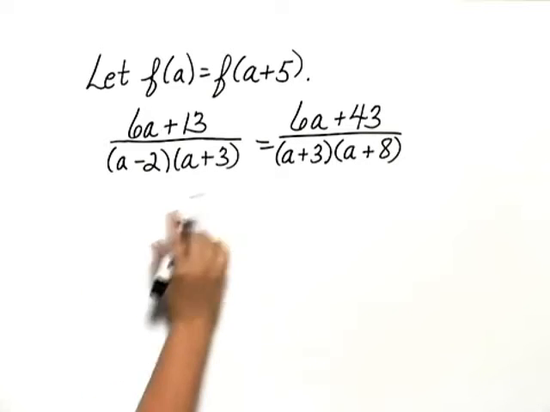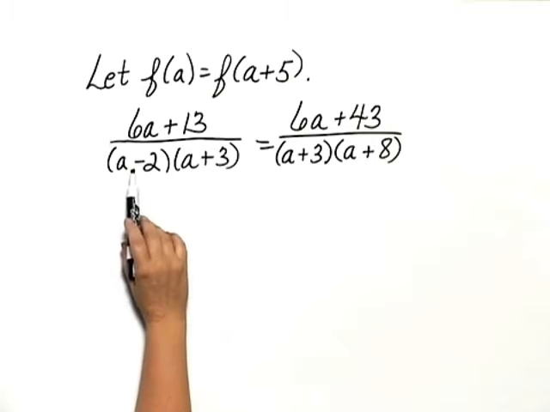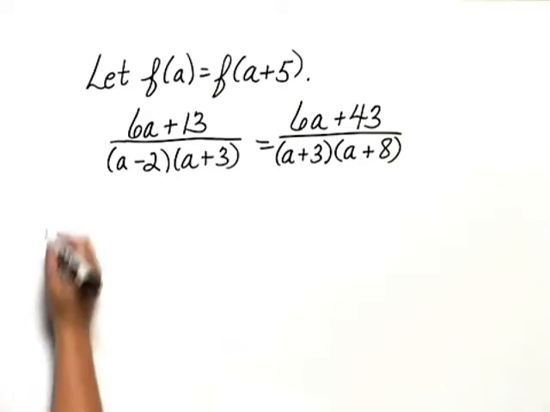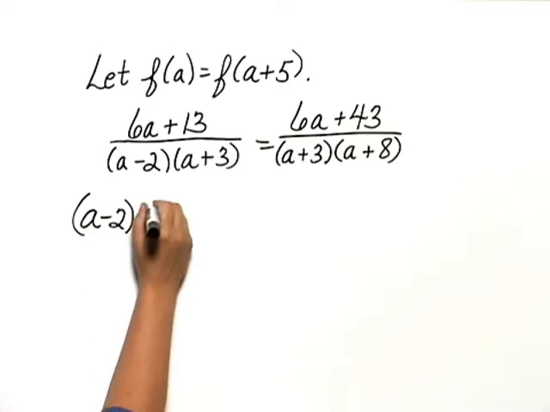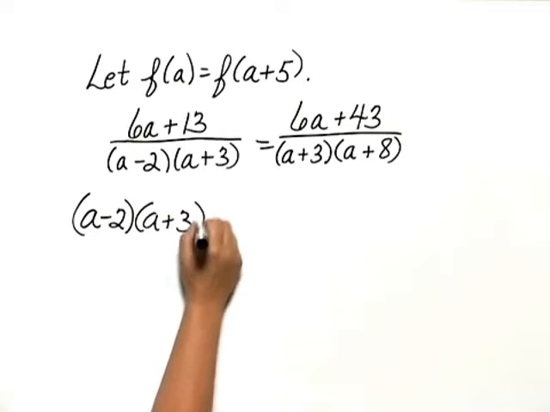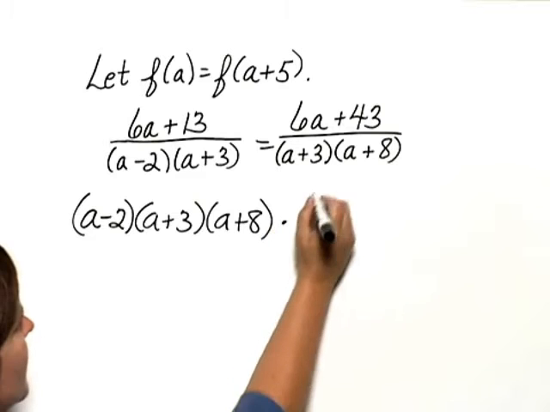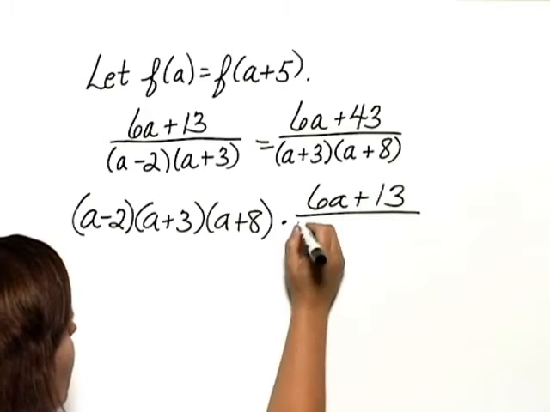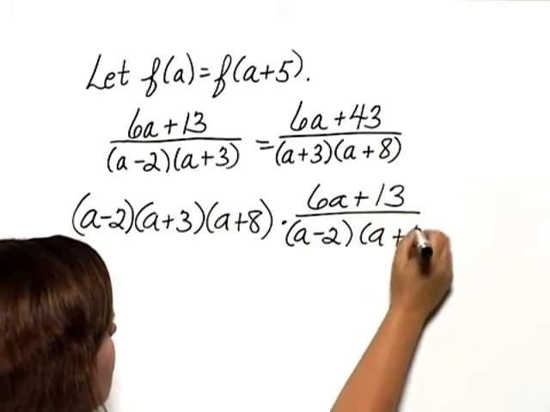To solve this equation, we will begin by clearing fractions, multiplying by the least common multiple of the denominators, which is a minus 2 times a plus 3 times a plus 8. So we multiply the left side by a minus 2 times a plus 3 times a plus 8 times 6a plus 13 over a minus 2 times a plus 3.